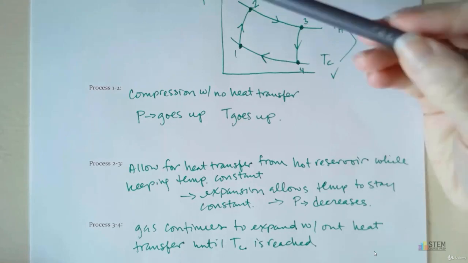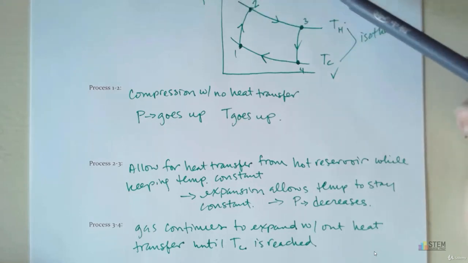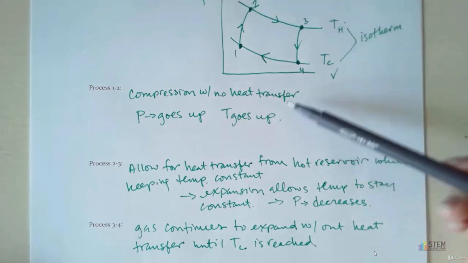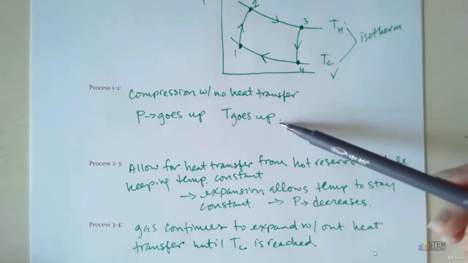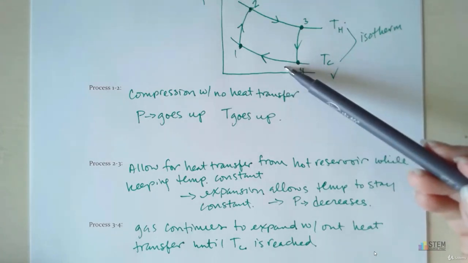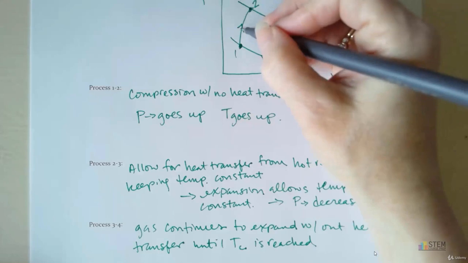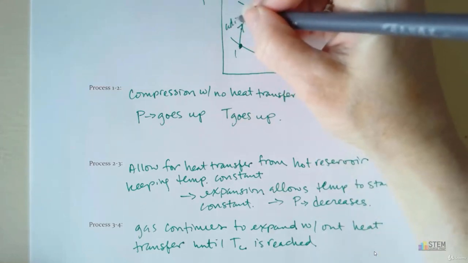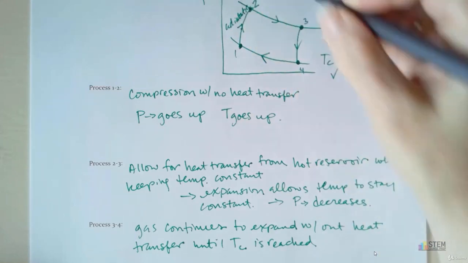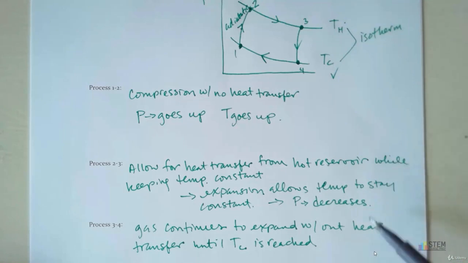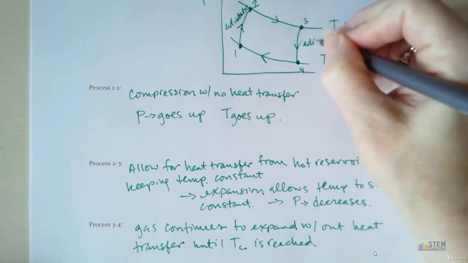Now notice, we said we had 2 adiabatic and 2 isothermal processes. So you can see process 1, 2, this was no heat transfer, so this one is adiabatic. Or actually this one, I'm pointing to the wrong one. So that's adiabatic. The other one with no heat transfer is 3, 4. So this one is adiabatic.